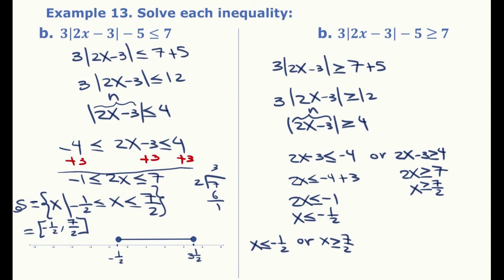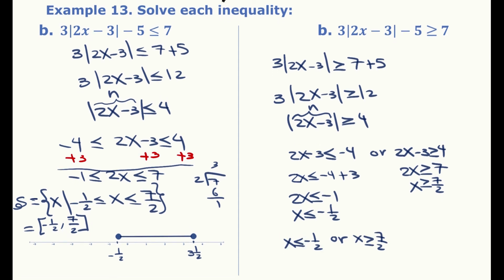I just wanted to move that a little bit to the right so that I can write it as my solution set in set builder notation. But I'm going to graph it at this point before I write the interval notation.